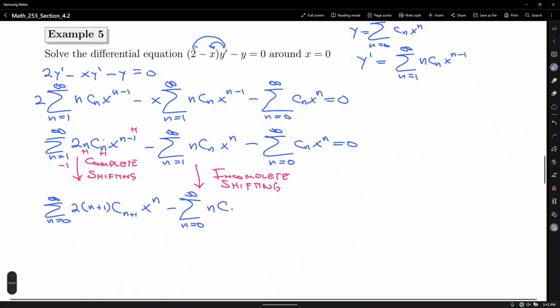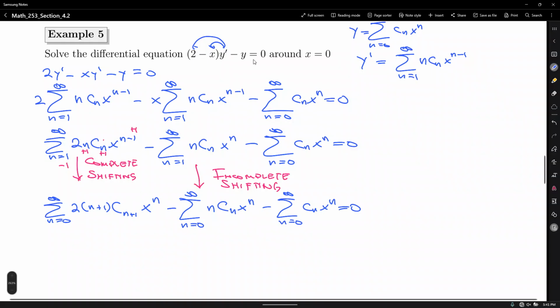Everything else remains the same because of the incomplete shifting. Minus the sum from n equals 0 to infinity of c sub n x to the n equals 0. And we're ready to combine this into a single series. No terms had to be expanded this time. So I promise you guys, this is going to be a more straightforward one to do. You'll see. You're going to like this one.